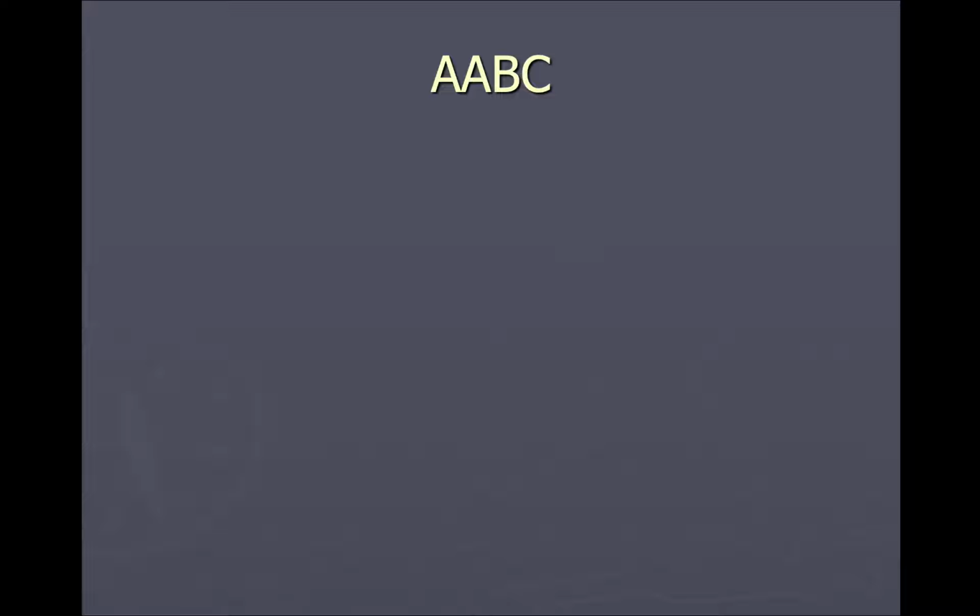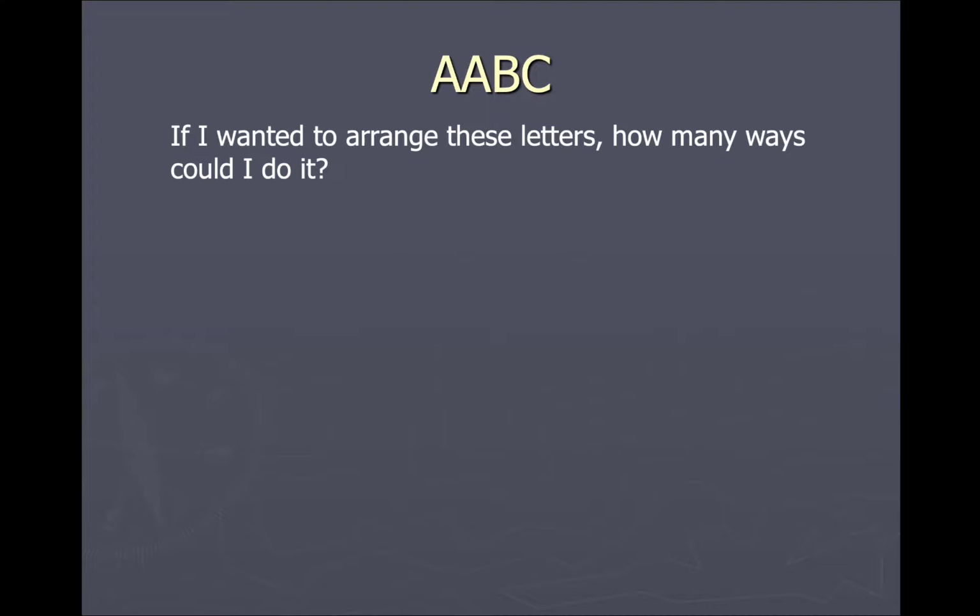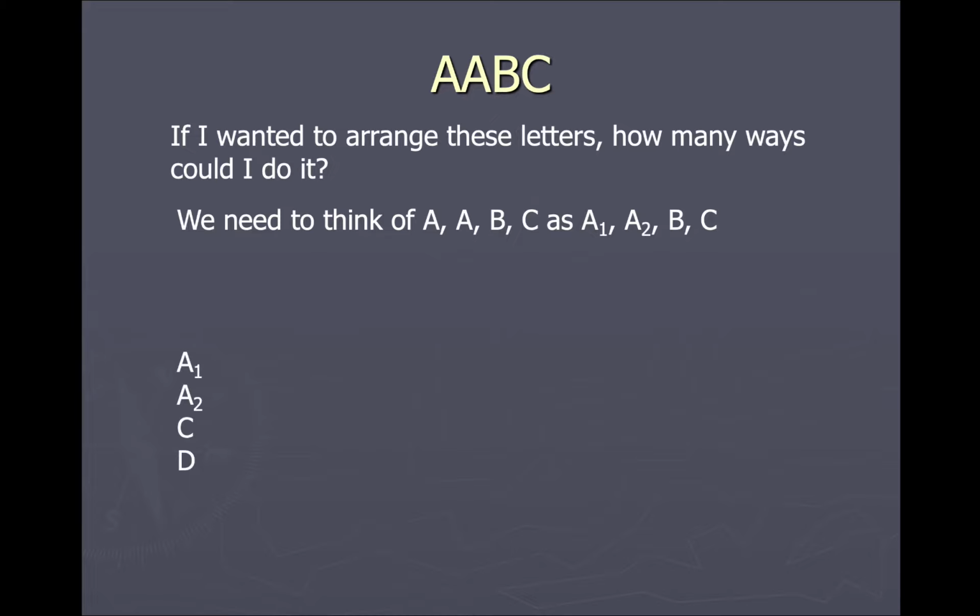Now let's look at arranging 2 A's, B and a C. If I wanted to arrange these letters, how many ways could I do it? We need to think of the letters as A1, A2, B, C. Now there are 4 possible choices for the first letter.